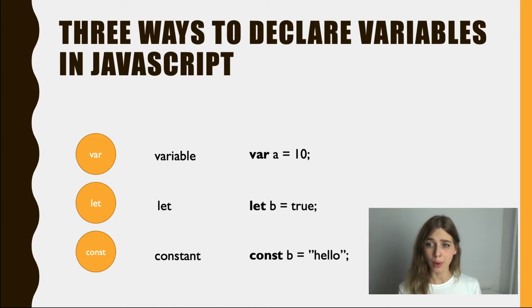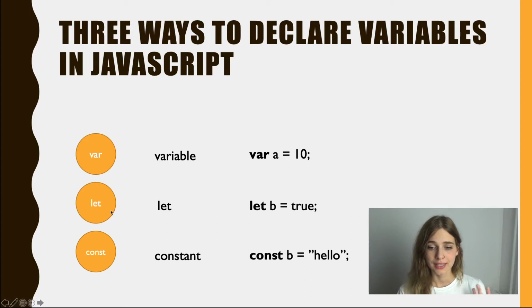We've got 3 ways to declare variables in JS as of 2015, when ECMAScript introduced the new standards, because up until then we only had variables declared with the keyword var. Since then, we also have let and const.